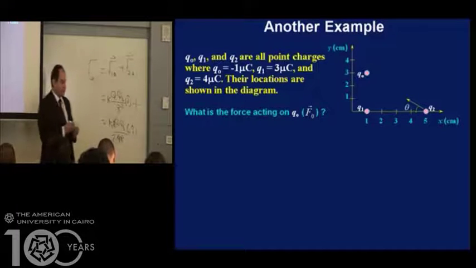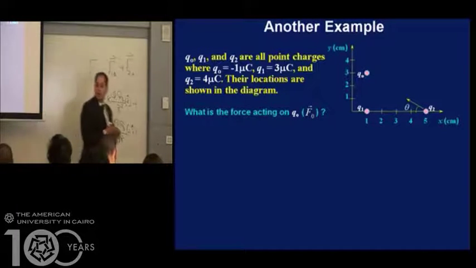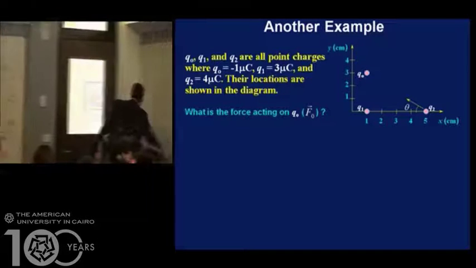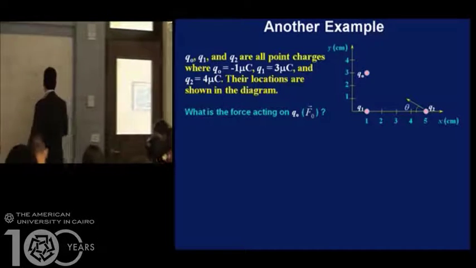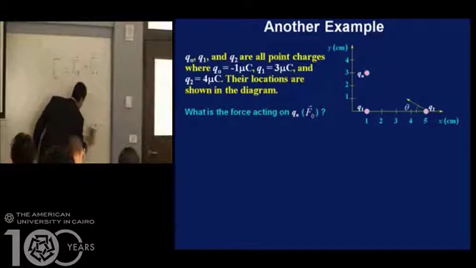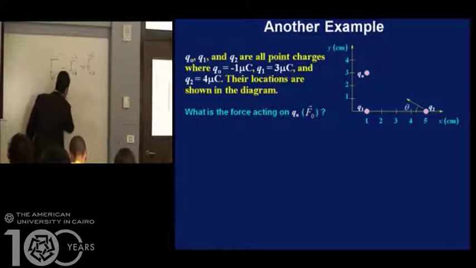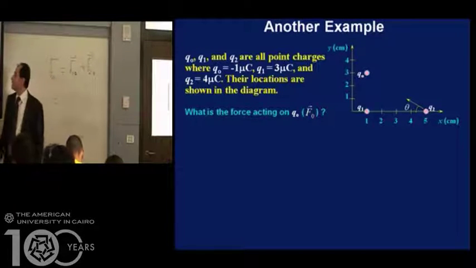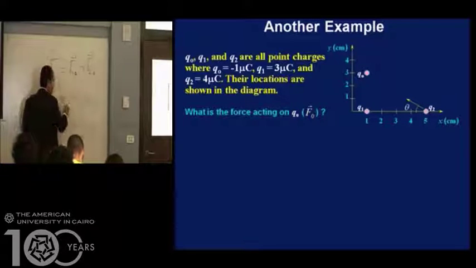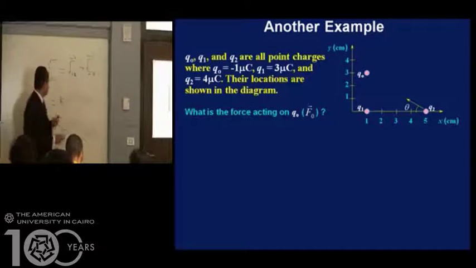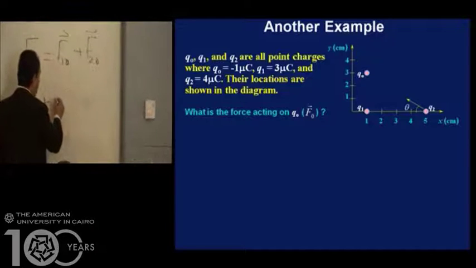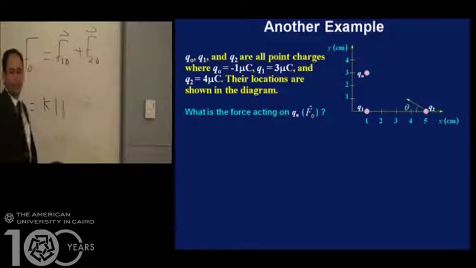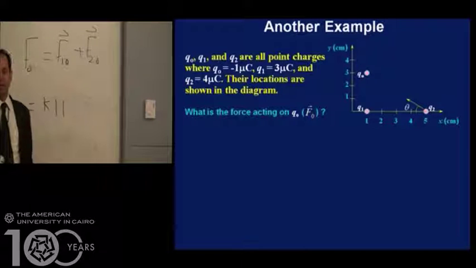Excuse me. Can we do this together? Now, F10 will be K. I'm going to teach you a trick. Pay attention to this simple trick. It's very easy.